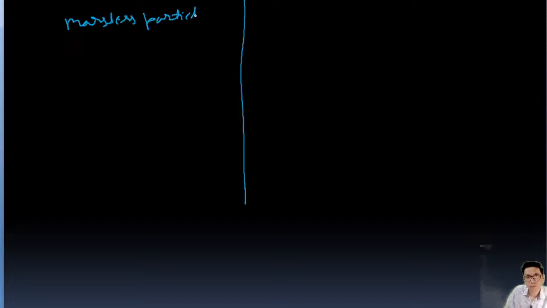So for a massless particle, like a photon, they have momentum, right? p equal to E upon c, and h cut k equal to E upon c.